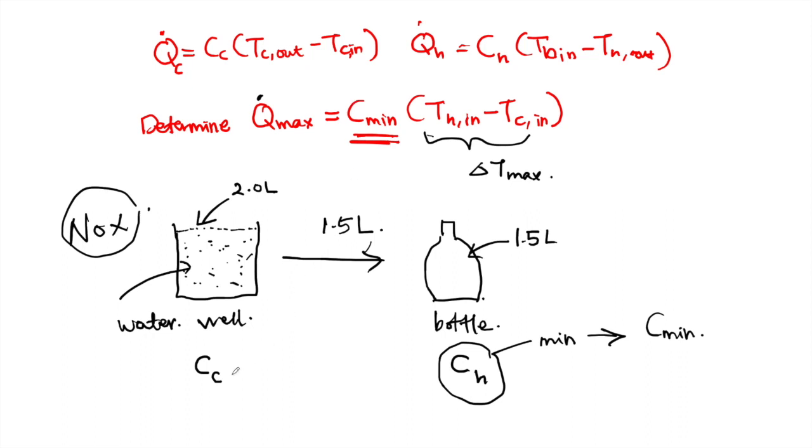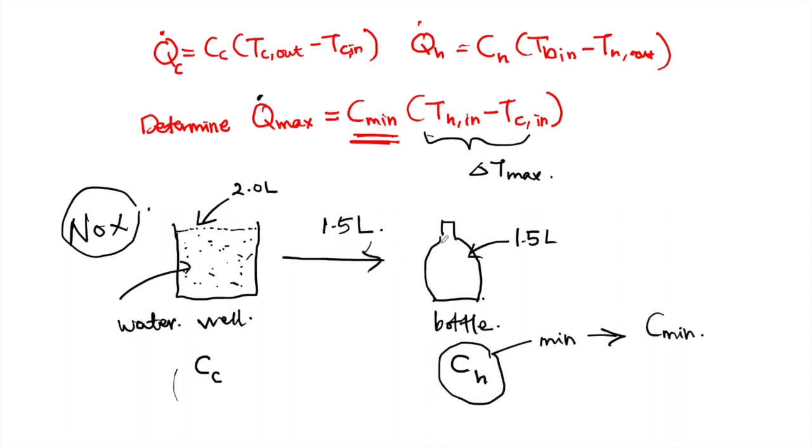Even if you have CC with the largest value, with the large values of heat capacity, you still have to choose the minimum heat capacity because that is the amount of energy that can be transferred or absorbed by the system. And if you transfer 1.5 liter of water here, then you can fill up this bottle.